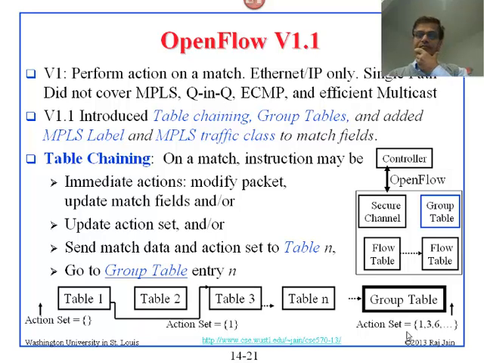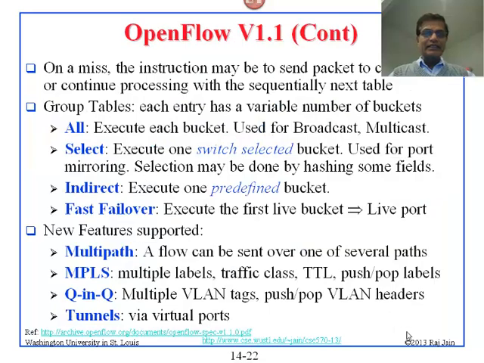I still cannot understand how a group table is organized. Okay, so the group table is table number n plus 1. The group table is just the last table, except that it has a different structure, in the sense that it has multiple buckets. That is explained in the next slide.